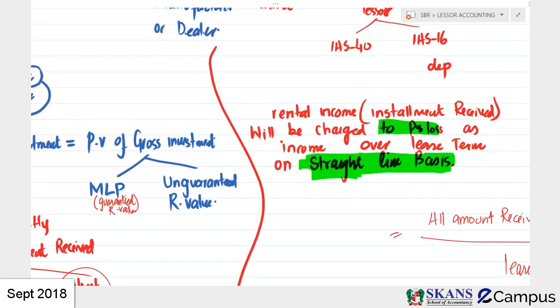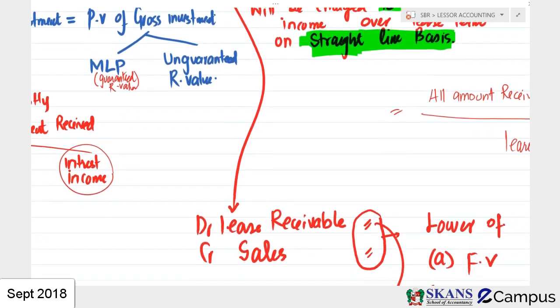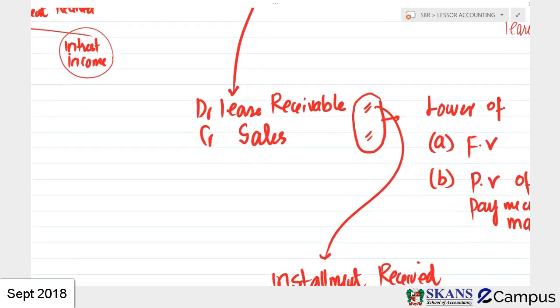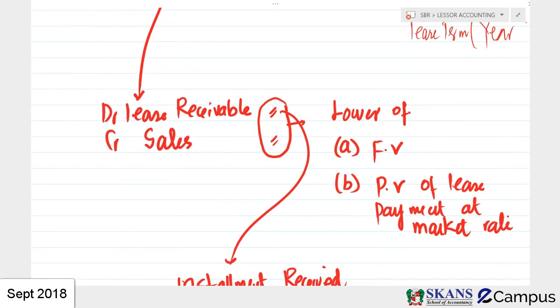Now, what will happen if a manufacturer or dealer is a lessor? It means they are actually selling goods. They are selling goods on installments. It's not a financial institution. Actually, it's a dealer or manufacturer.